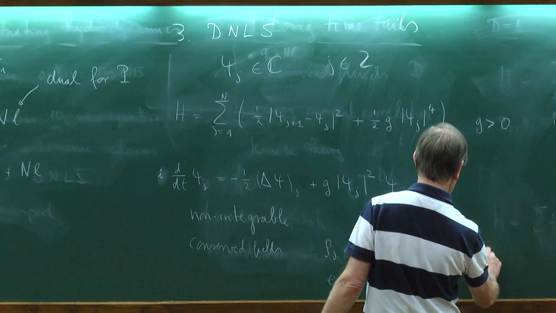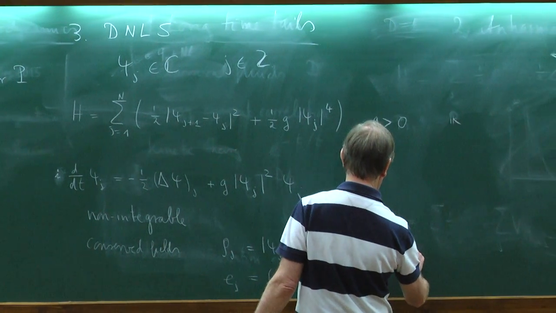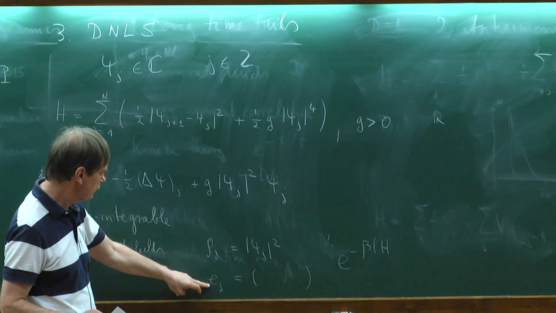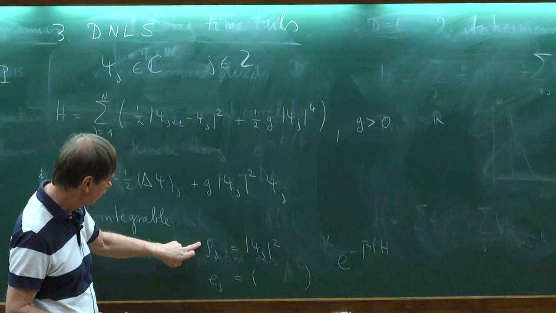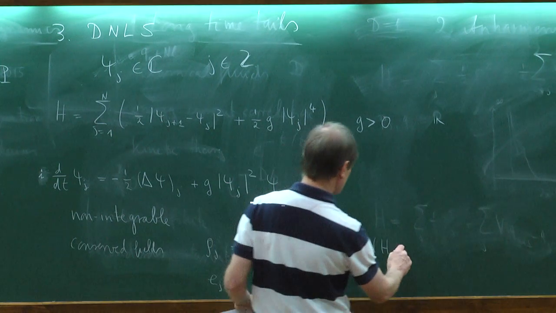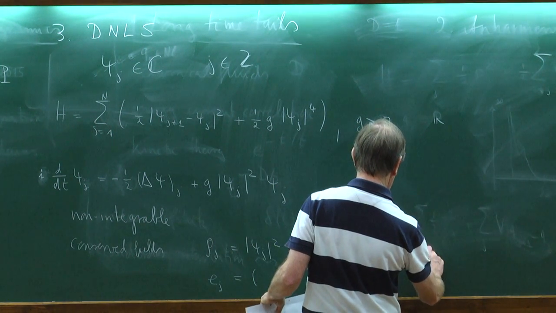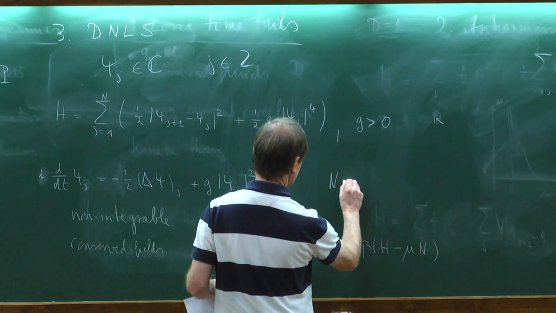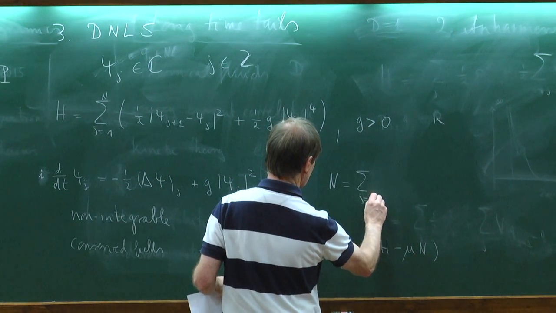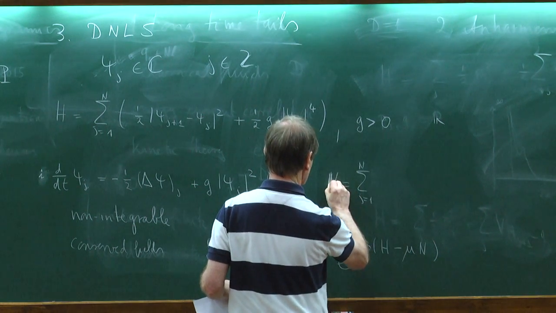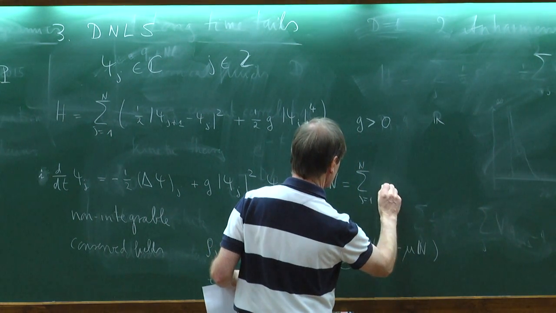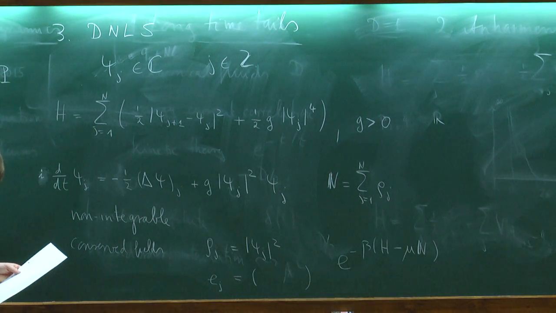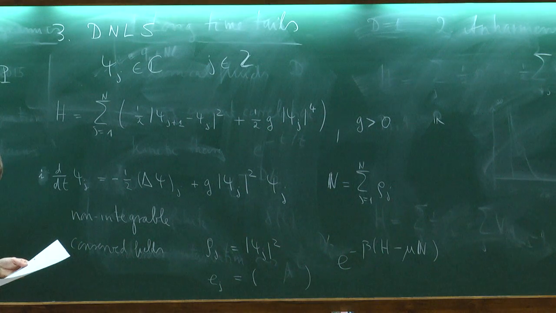simply e to the minus beta H, and we also want, since this is a dual parameter to the energy, to introduce a chemical potential mu times N. Sorry, there are two N's here now, so maybe I put an extra symbol.